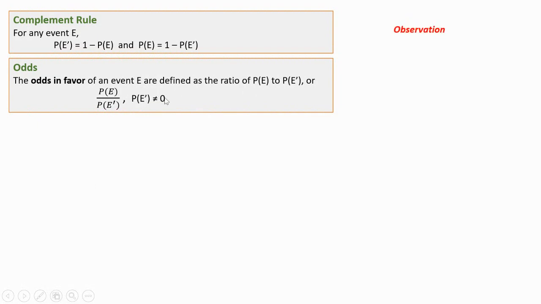So let me show you what they mean here by odds in favor. Right? They're talking about these two here. So the probability of E is equal to the number of the event over the number of the sample space. And the probability of the complement of E is equal to the number of the complement of E over the sample space.